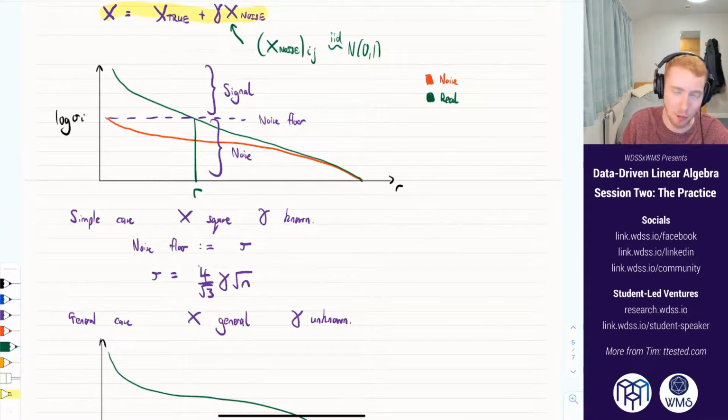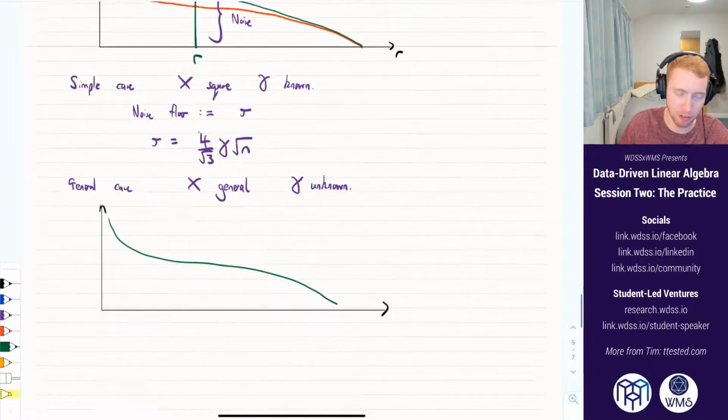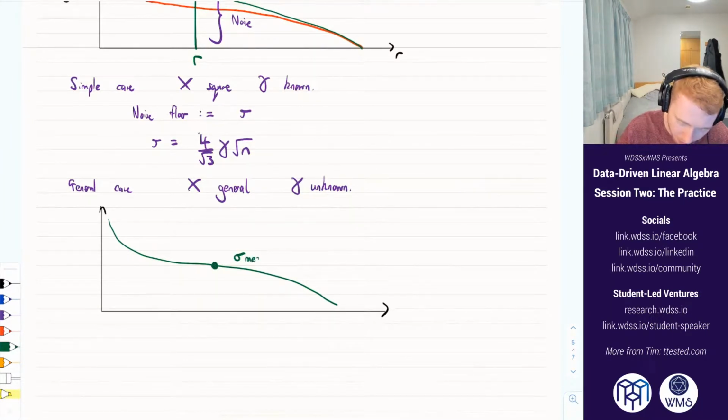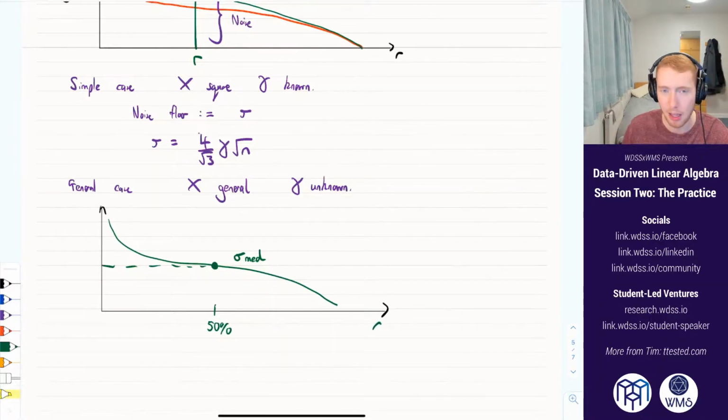This is simulated over loads of bits of data, but we can't see that when we actually plot the singular values. We only get this green line here. And then what we do, we take the median singular value. So we're going to call this sigma med for median. We take that, this lies 50% of the way through our rank. And so we call this sigma median, and then we work under an assumption.